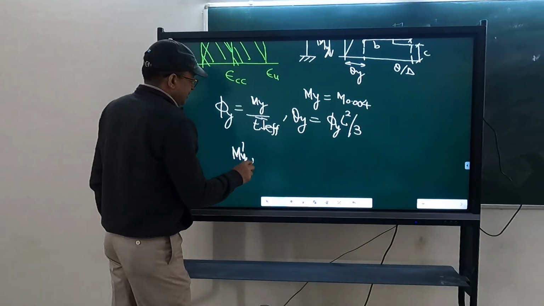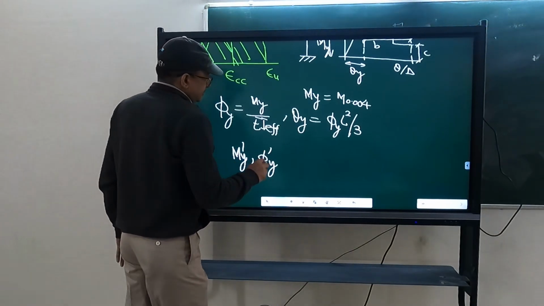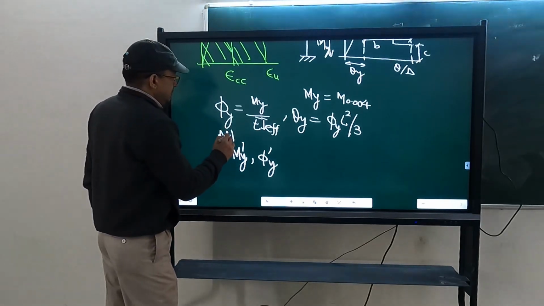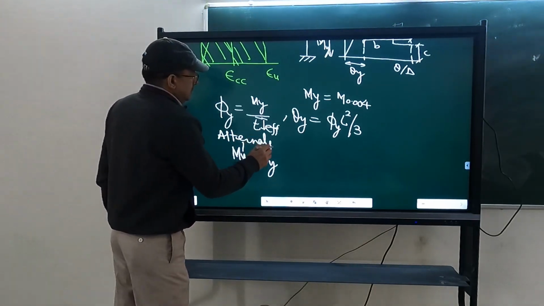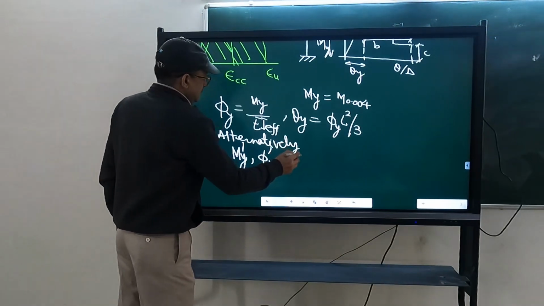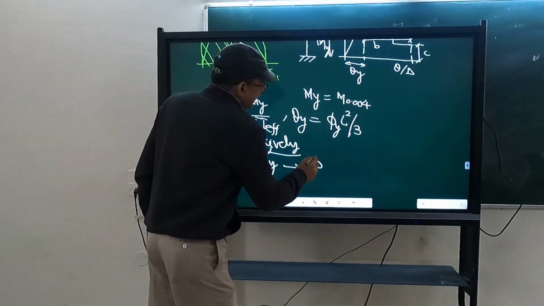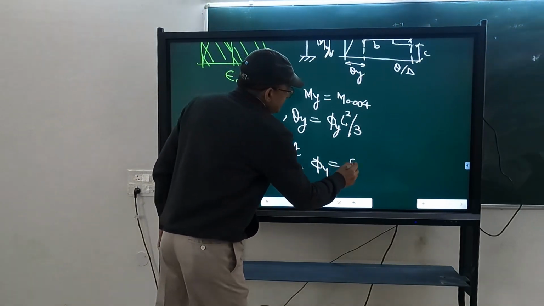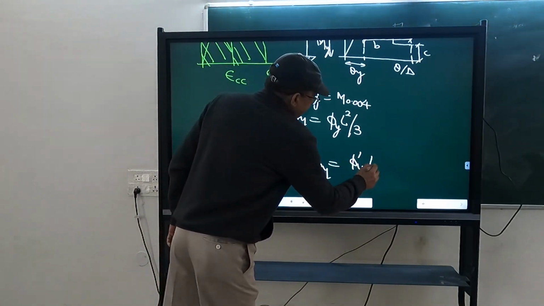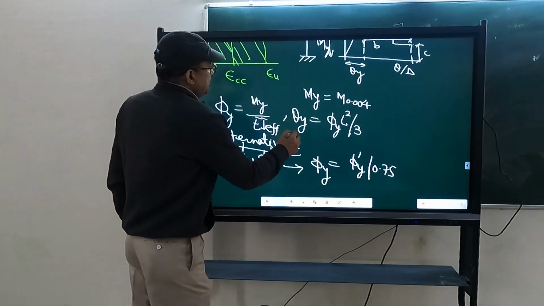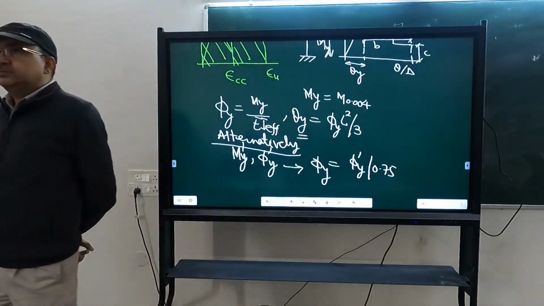Alternatively, you calculate my dash and phi y dash from analysis. Then you can calculate phi y as phi y dash divided by 0.75, and then theta y using the same equation.